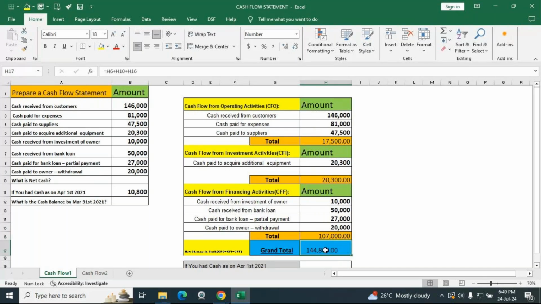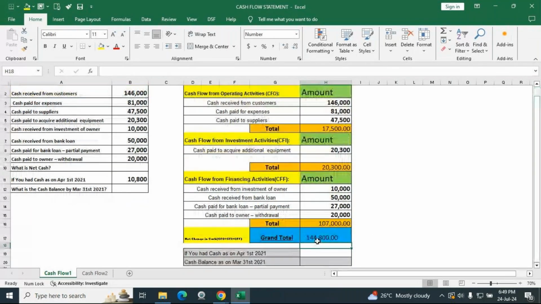So CFO. So here it is CFO plus CFI plus CFF. Okay. So I have got this. Ma'am, in financing activity, the third one and the fourth one are minus.